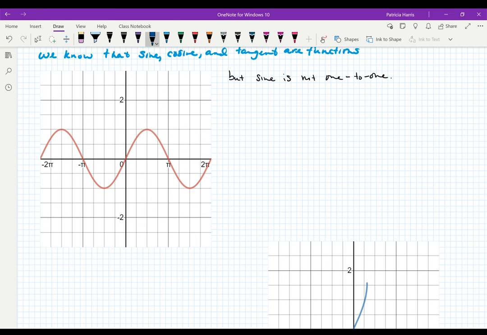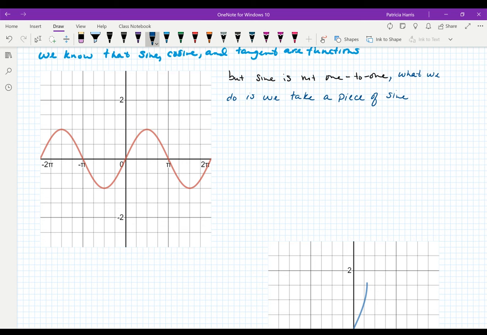So what we do is we take a piece of sine.